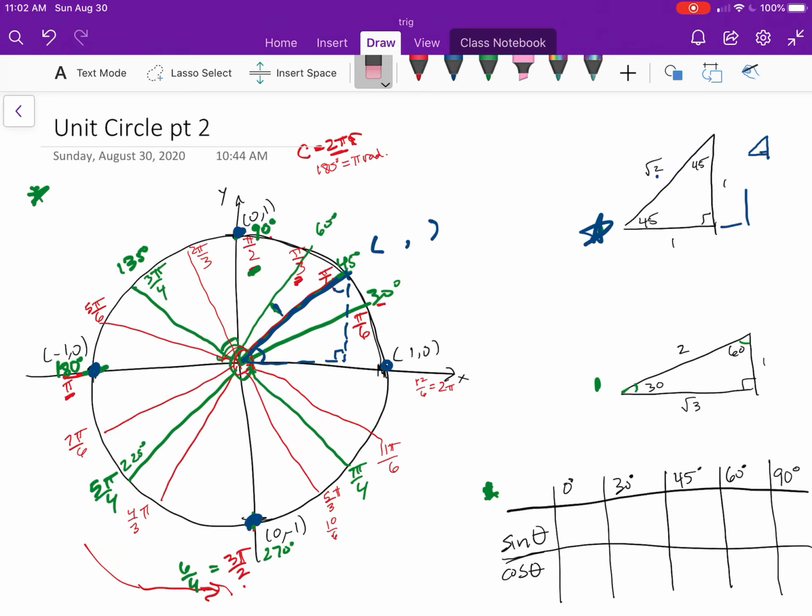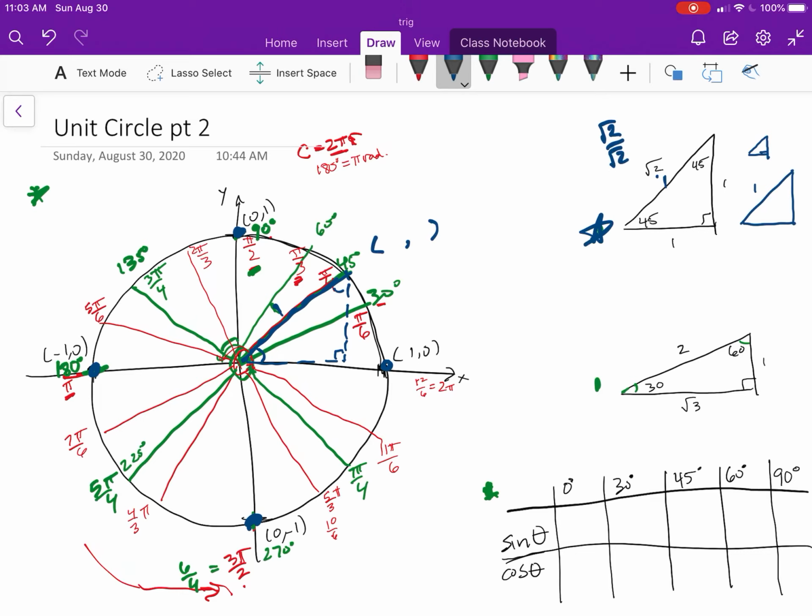Let me go and erase that. So what does that mean? Well, if I want this to be 1, I could think of, all right, divide everything by square root of 2 then, right? I'm going to compress this triangle down to a smaller triangle where we get 1 here. So if I have the hypotenuse as 1, what I did is I created this ratio of dividing each side by square root of 2.